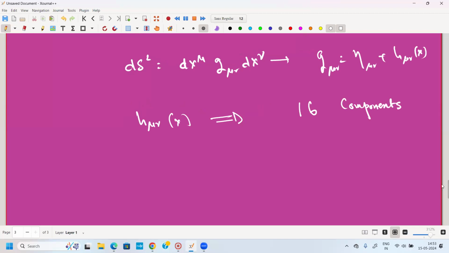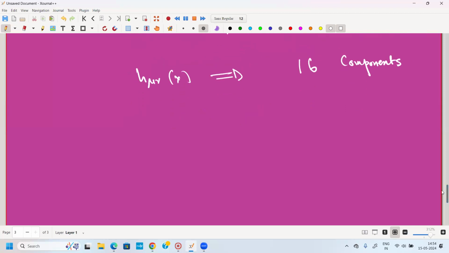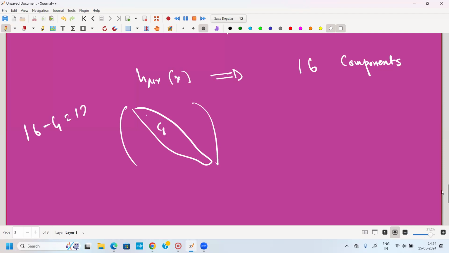Now the question is how many independent components are there? We can observe that we have 4 diagonal terms. If you remove the 4 diagonal terms from 16 components, you have 12 components. One half is the upper triangular and the other is the lower triangular.